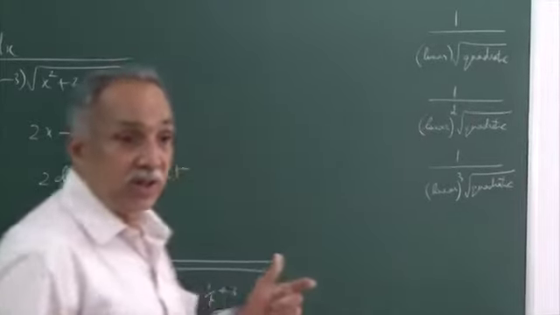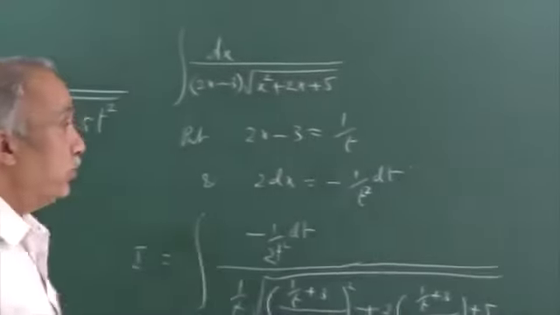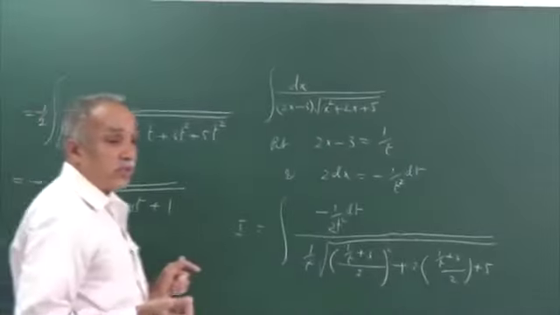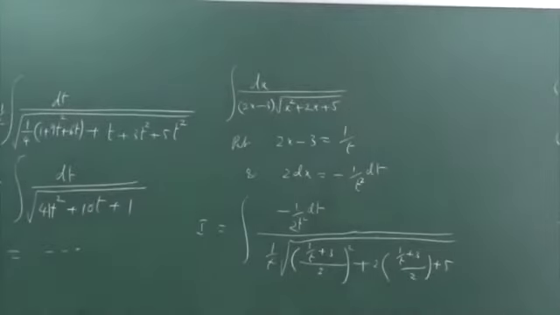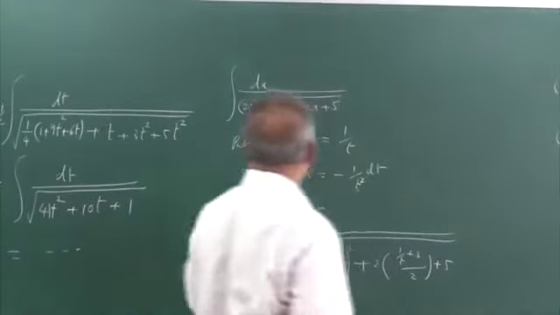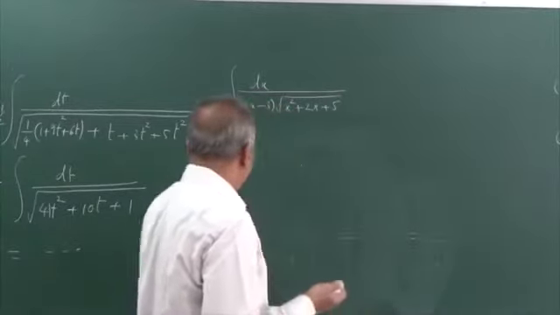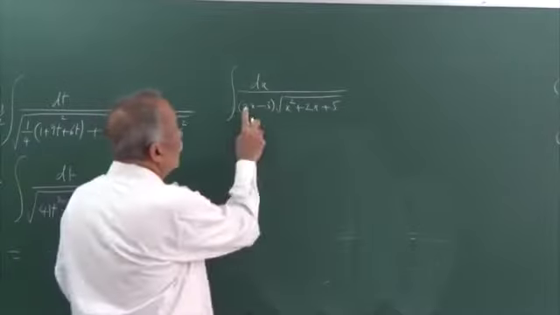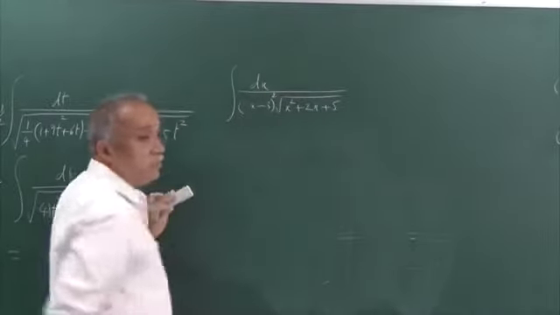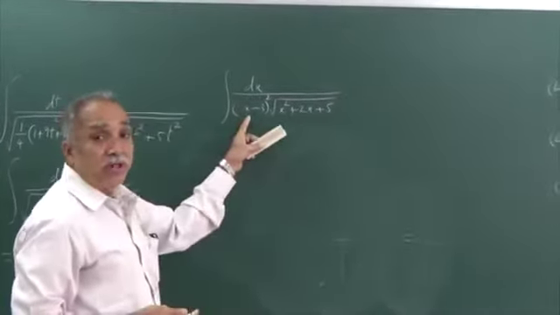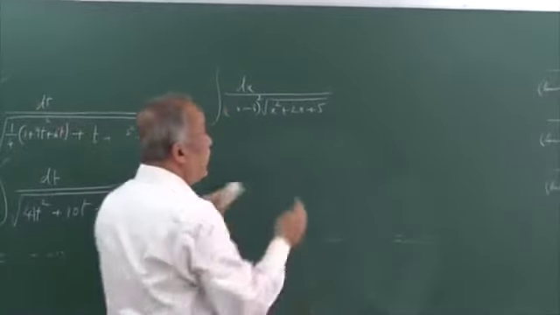Let me explicitly show how this substitution works in the remaining 2 cases. Any linear you may have outside, any quadratic may be inside.